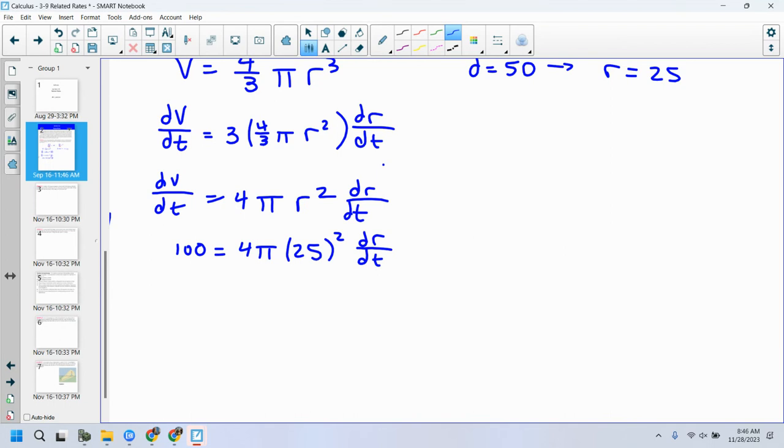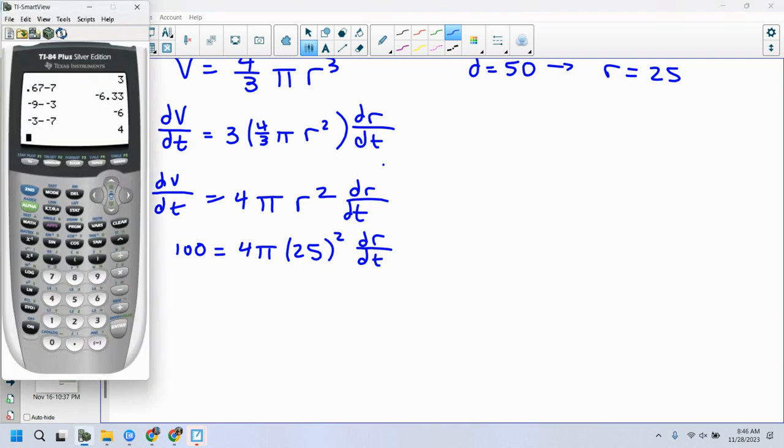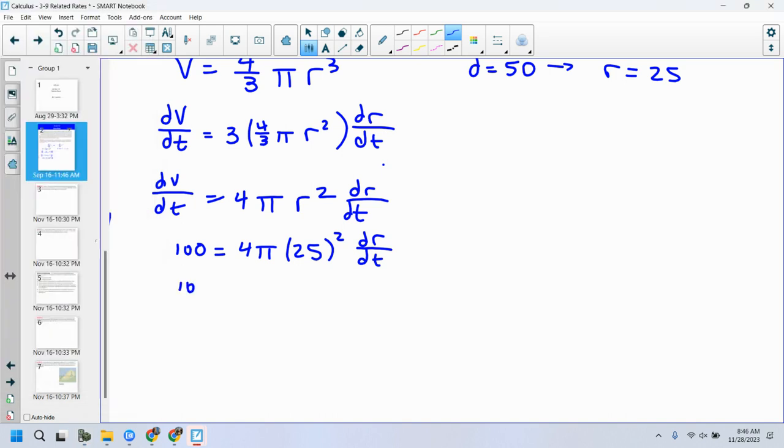We are given the moment when r is 25. So now we just solve for dr dt. 4 times 25 squared, that's going to be 2,500 pi. So 100 is equal to 2,500 pi dr dt. And we're going to divide over that 2,500 pi.